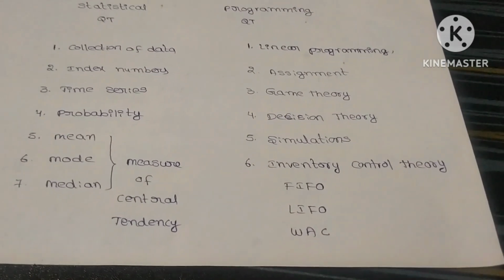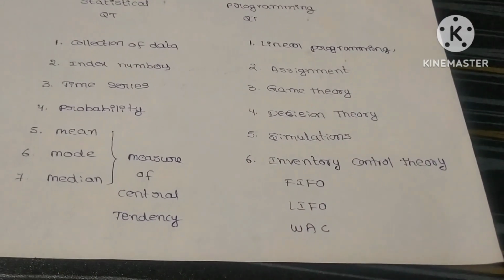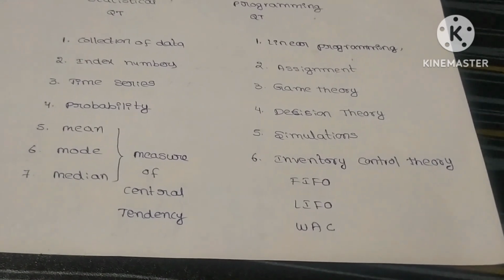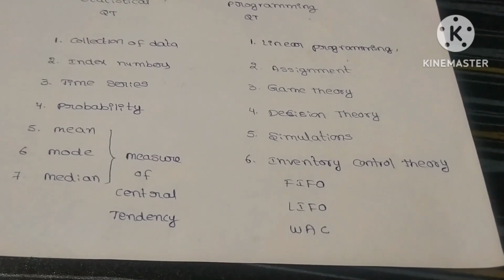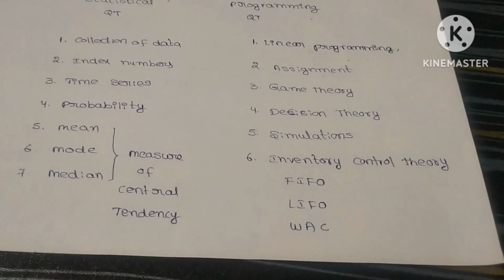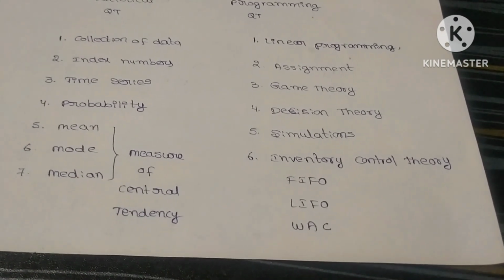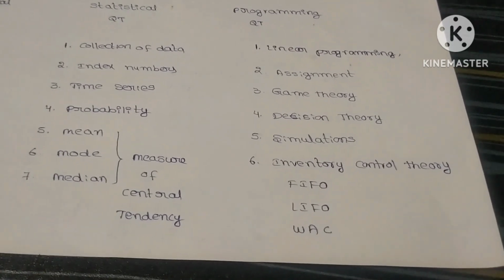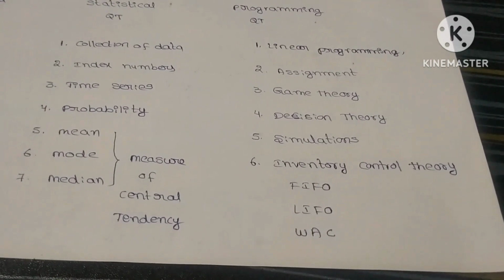In inventory control we also have many more varieties of technique. Among all of them, FIFO, LIFO, and WAC are the most popular. What does FIFO mean? FIFO stands for first in, first out. LIFO stands for last in, first out.